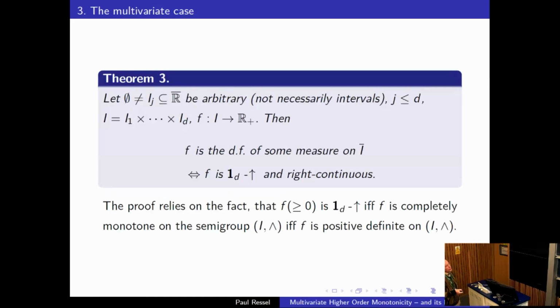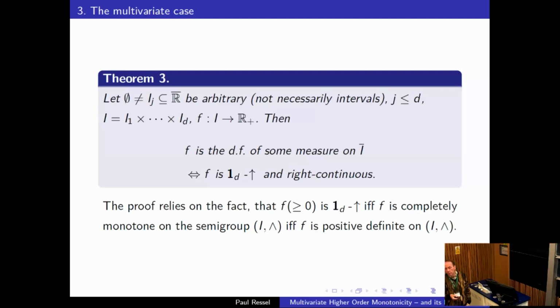And this proof relies on the fact that a function f, which is non-negative, is 1d increasing if and only if it is completely monotone on the semigroup I with respect to the component-wise minimum. And this is a two-divisible semigroup, abelian, of course, if and only if it is a positive definite function on this I with the minimum.